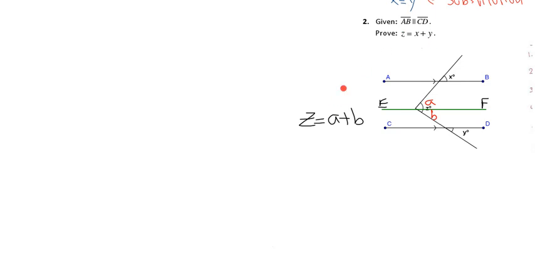So how are we going to get from this equation, which we know is true right now because it's on the diagram, how can we get from this equation to this equation?